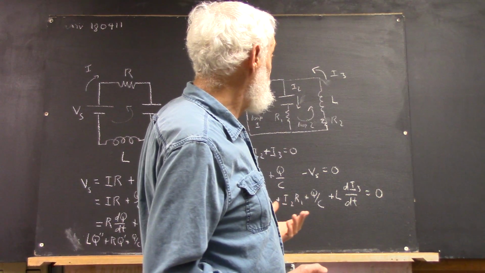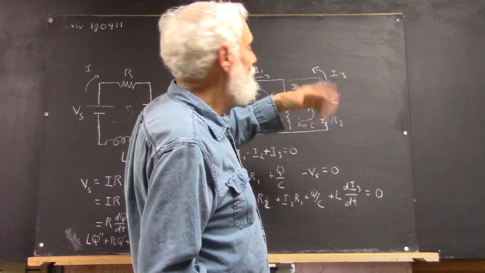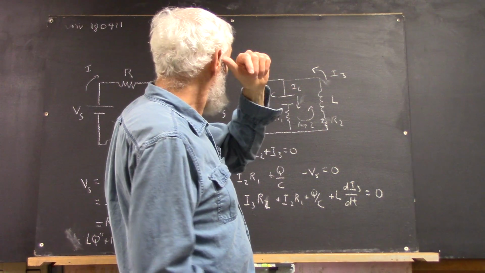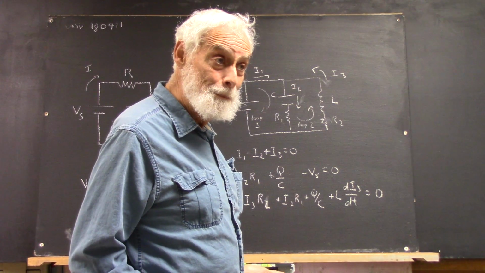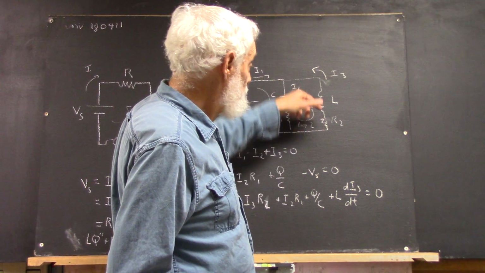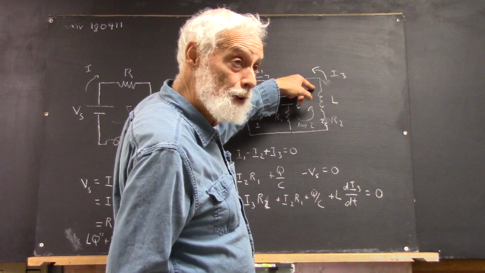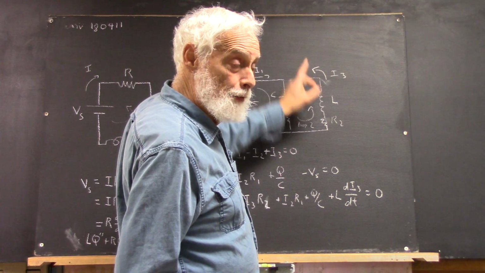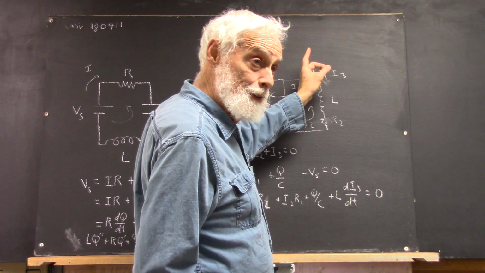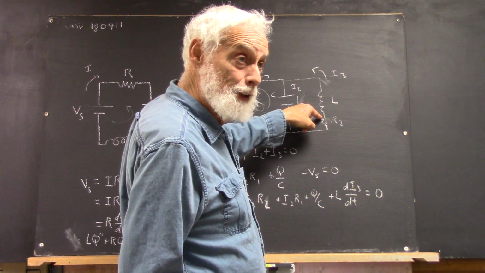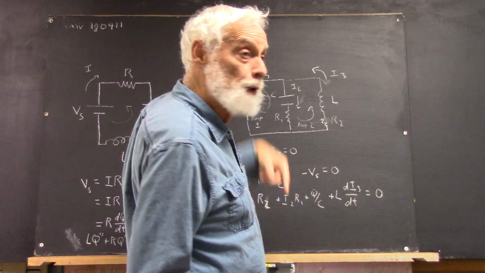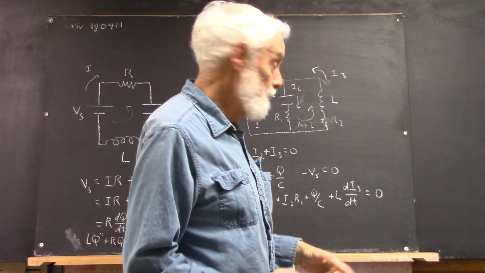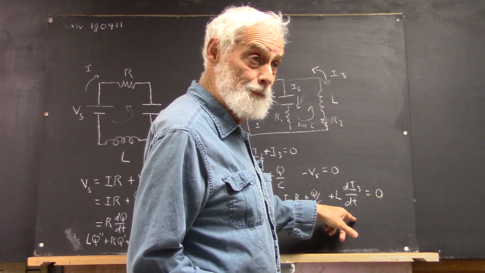You need to figure out which direction the inductor is going to push in. Then you'll know if it's pushing in this direction, this is positive and this is negative, right? And if it's pushing your current in this direction, then this is positive and this is negative. And then the direction of your loop tells you whether that's a positive or negative L dI/dt.